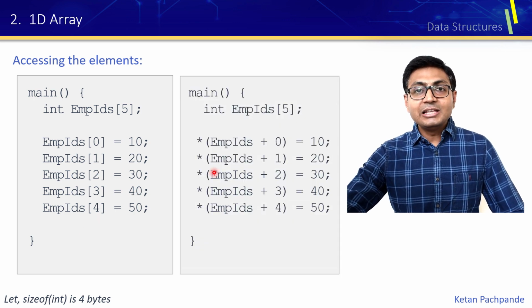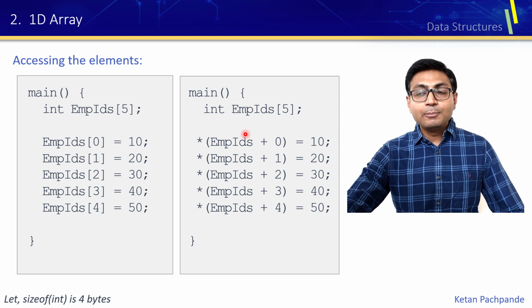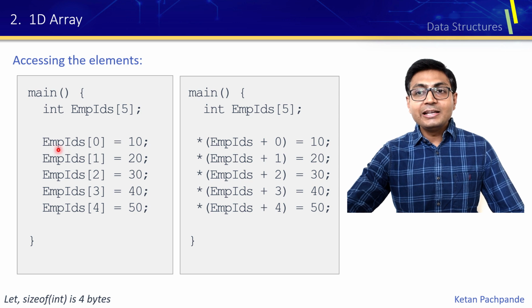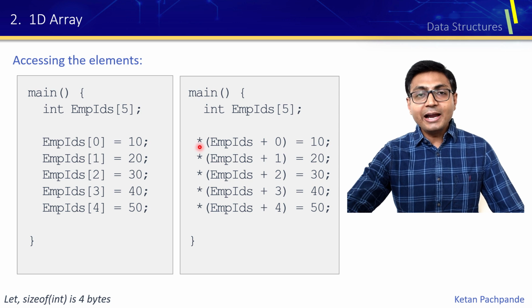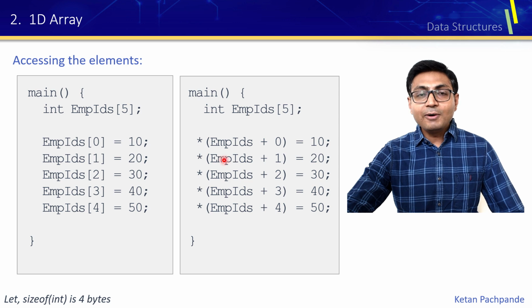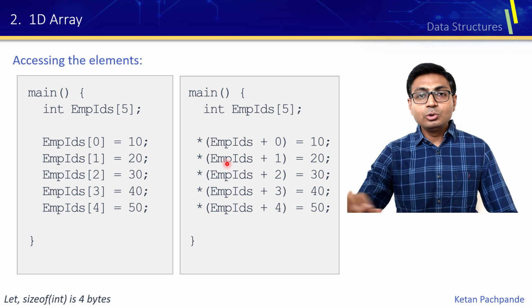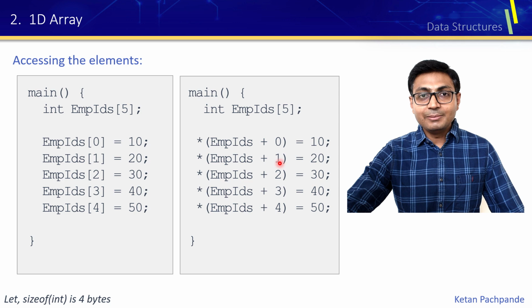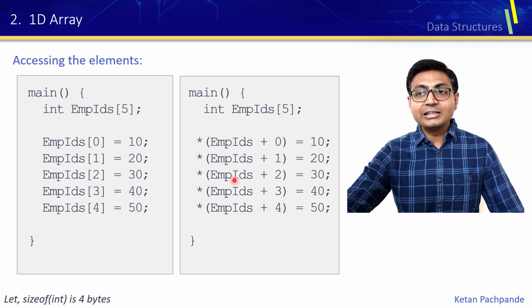The second way is with the help of a constant pointer. Employee IDs itself is a constant pointer. So whether you write employee IDs bracket 0 is equal to 10 or you write the statement as value at the address employee ID plus 0, these two statements are the same or similar. With the help of the constant pointer, which is pointing to the first element, I can access the second element, or the third element, with respect to the first element.